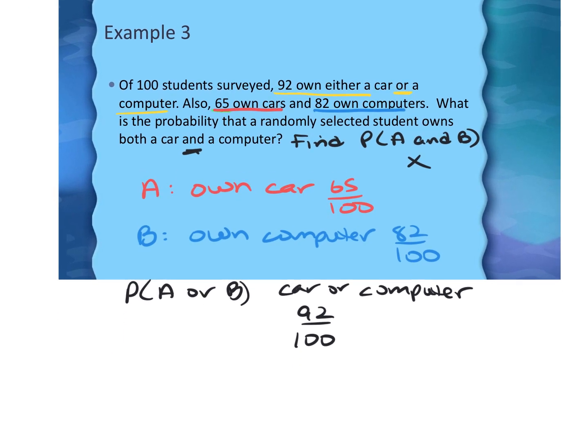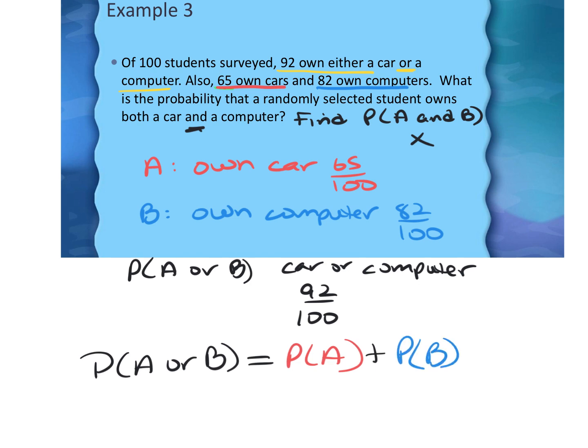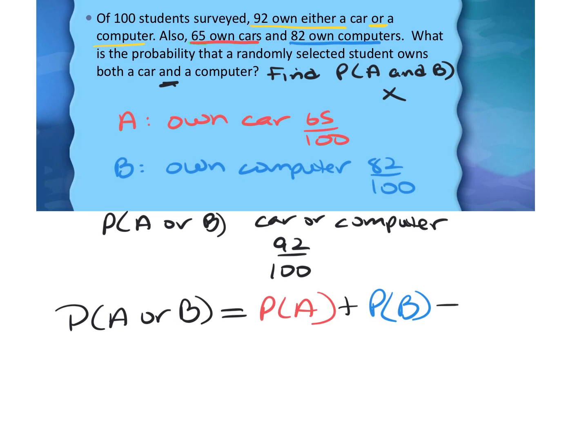So because this is overlapping, I'm doing the probability of A or B is equal to the probability of A plus the probability of B minus the overlap. So that A and B. And this is what I'm solving for.